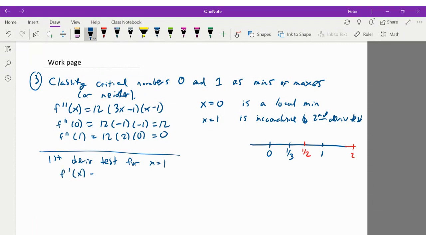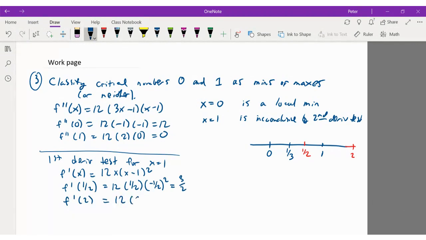Call the f prime of x, let's see what that was: 12x times x minus 1 squared. So f prime of 1/2 is equal to 12 times 1/2 times 1/2 minus 1, which is -1/2, squared. So that's going to equal 12/8 or 3/2. And f prime of 2 equals 12 times 2 times 2 minus 1, which is 1, squared.